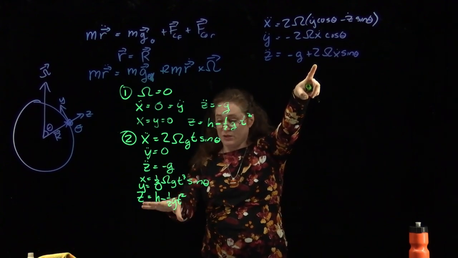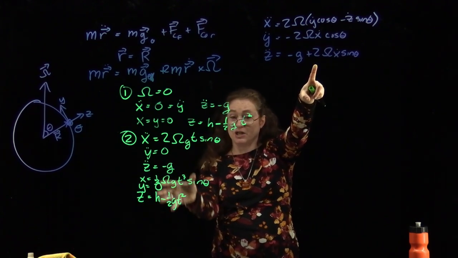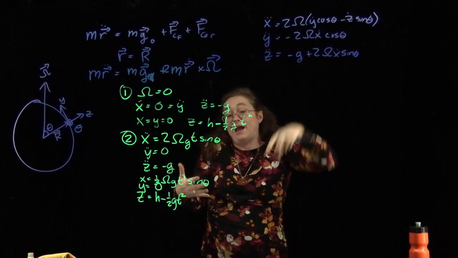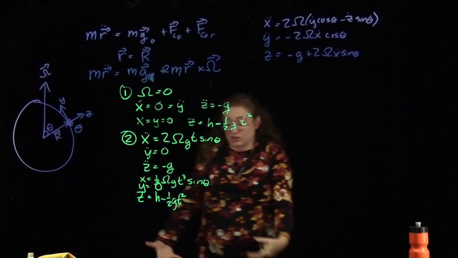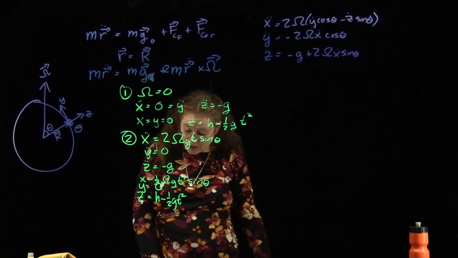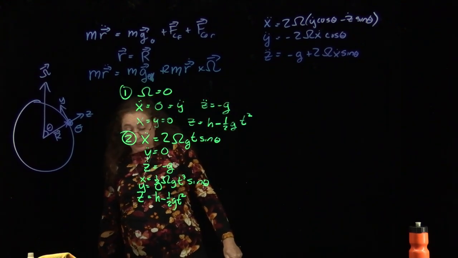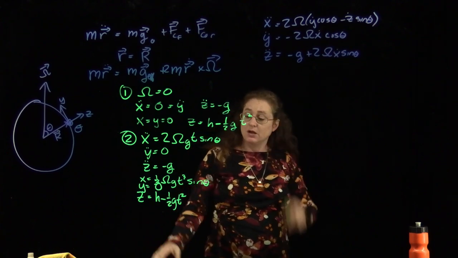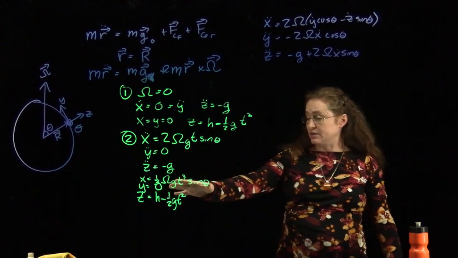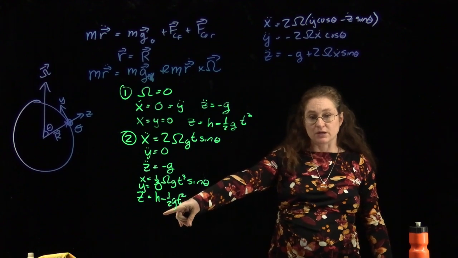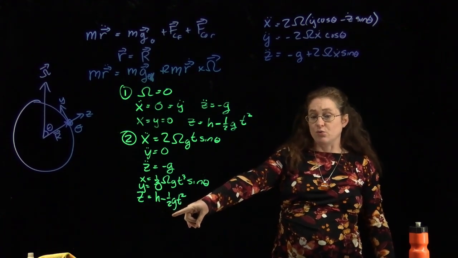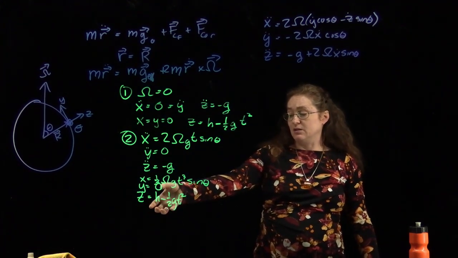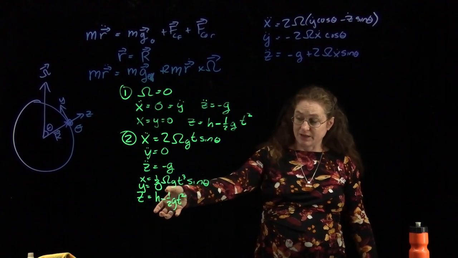And what you see, because all the dependence here is on time, there's no reason you couldn't just keep going and solve to higher order. We're going to stop here, because we can already see an interesting result. If you do not consider the rotation of the coordinate system, then the object simply falls and it only has a z component.